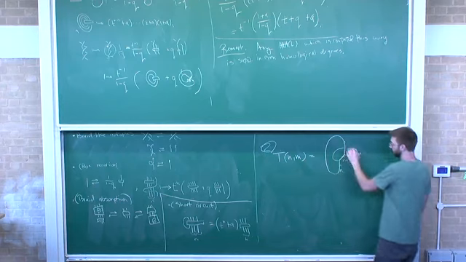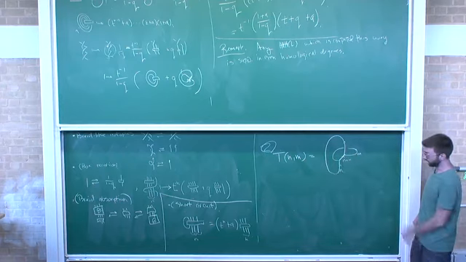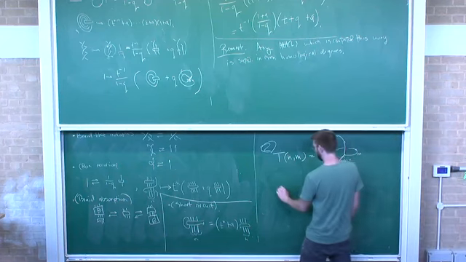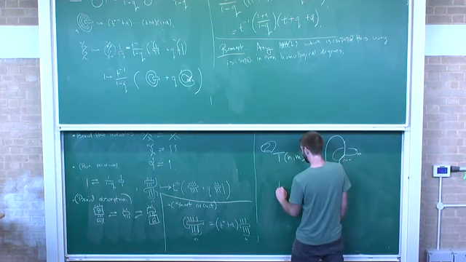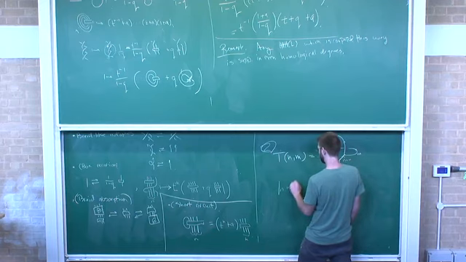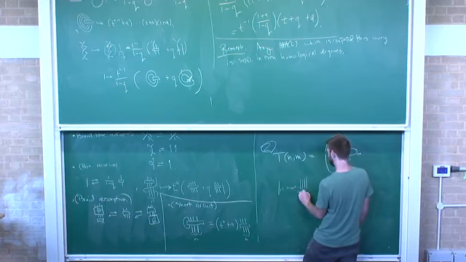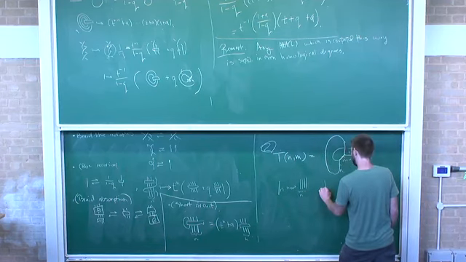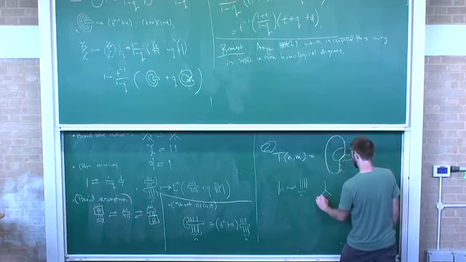And I'm claiming that if you put these labels on it, it actually represents a link in R3, given by, well, for a labeled strand, you just replace it by so many parallel copies of that strand. And then if two strands meet at a trivalent vertex, then you just do the obvious thing.